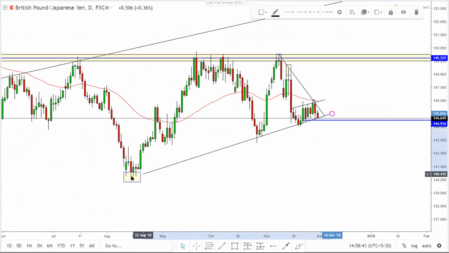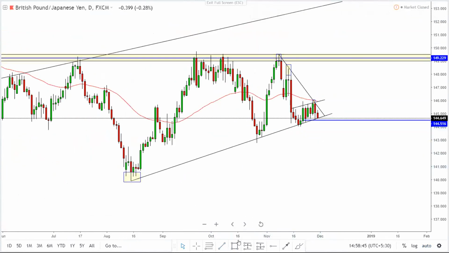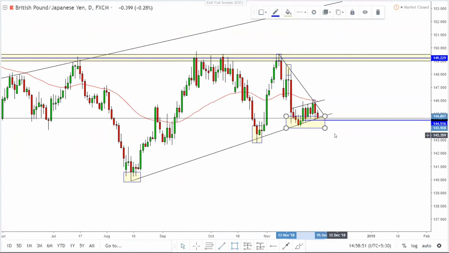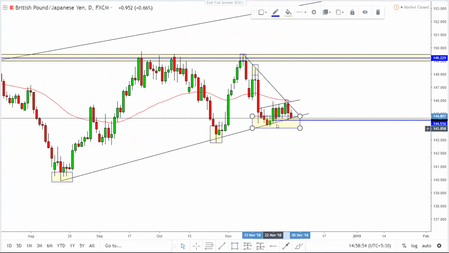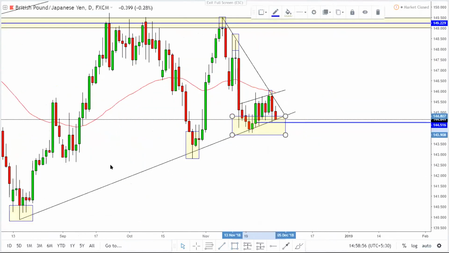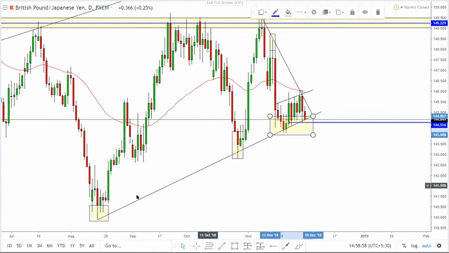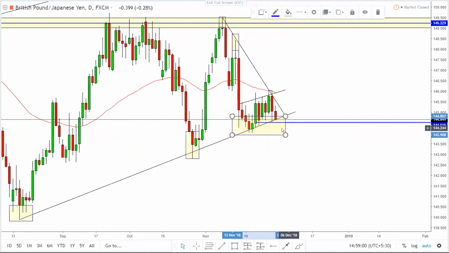On the daily time frame, we can see here 1, 2, and this is going to be the support region, and a third bounce.